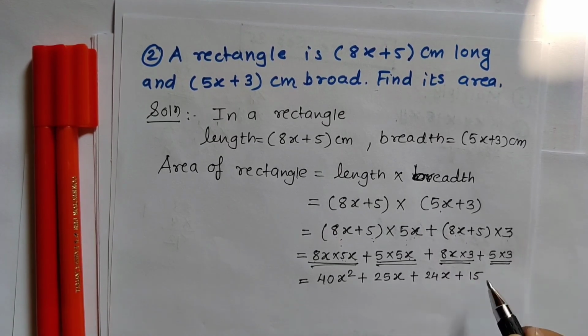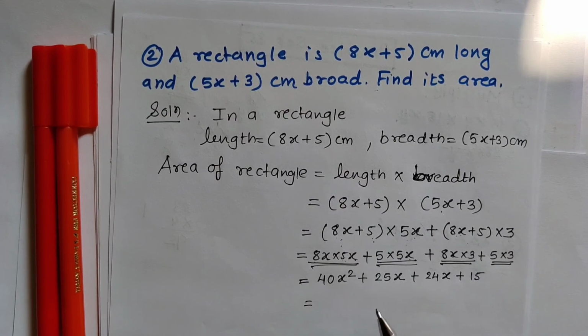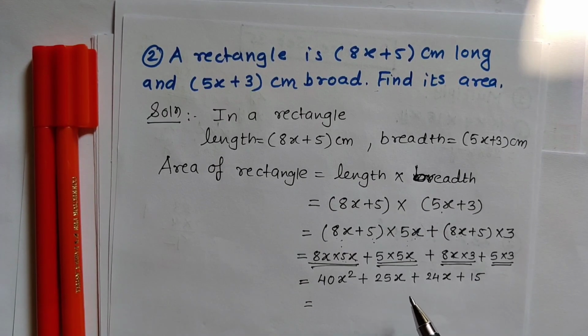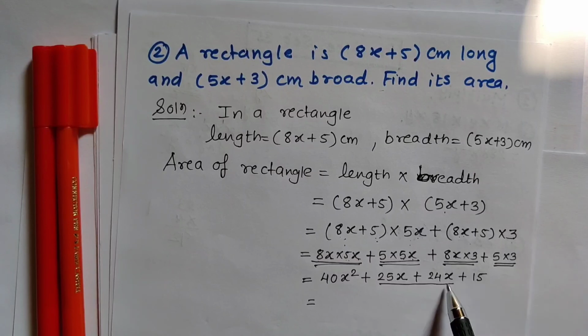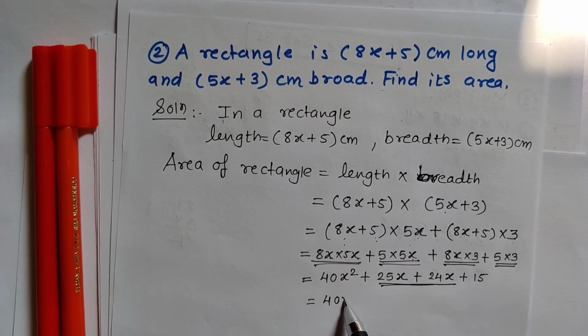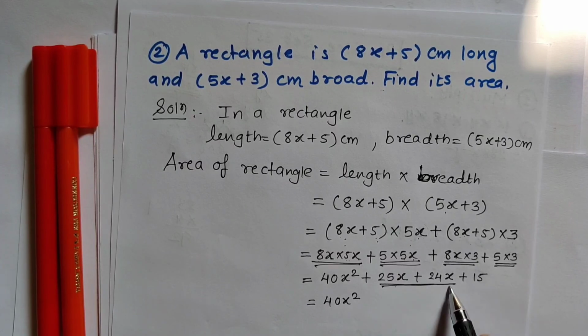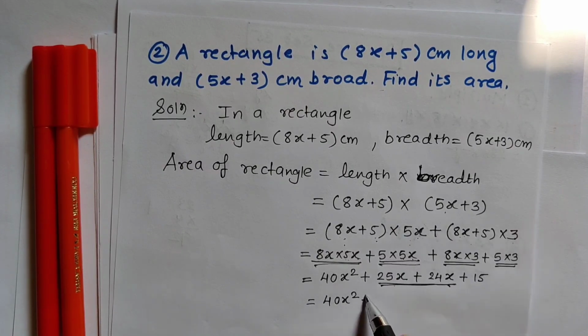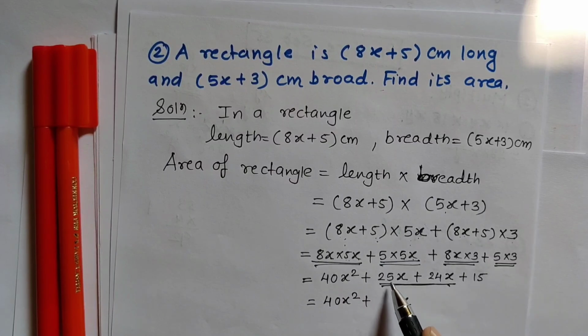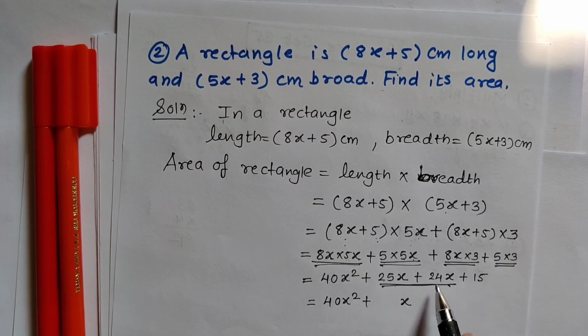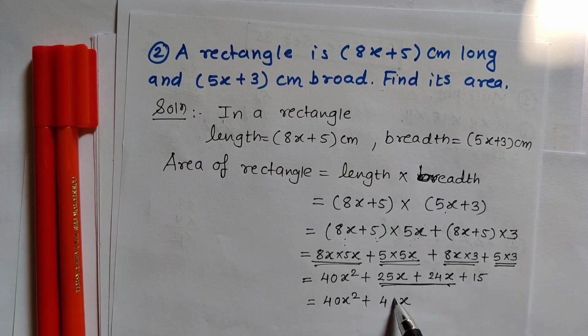5 3s are 15. Now are there any two terms that are like terms? We can see there are these two like terms. So first term write as it is, 40x square. Like terms can be added. 25x plus 24x. x is the common variable. Add the coefficients, 25 plus 24. What is the answer? 49x and plus 15.